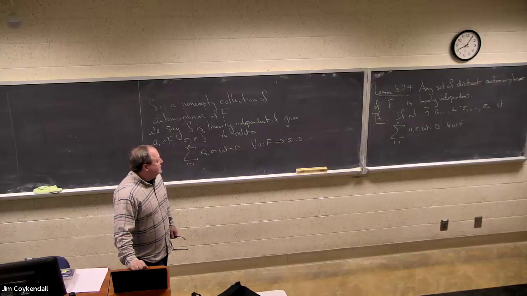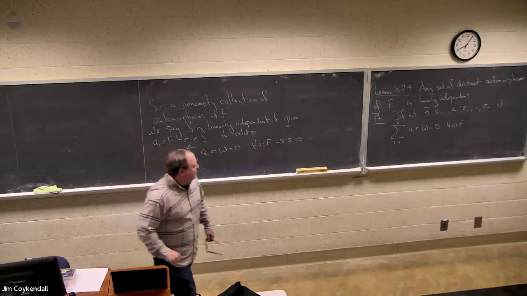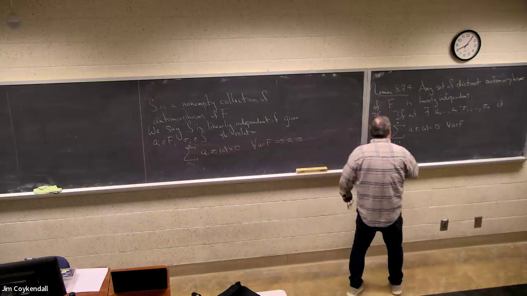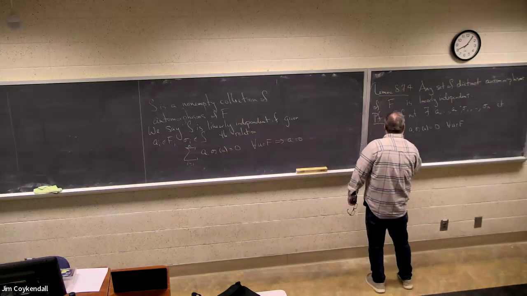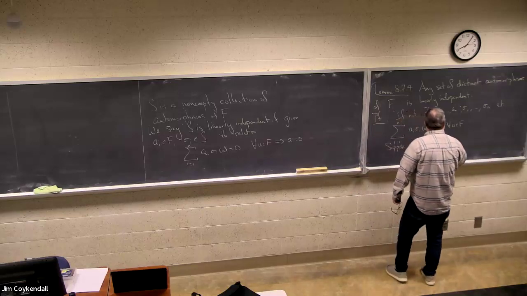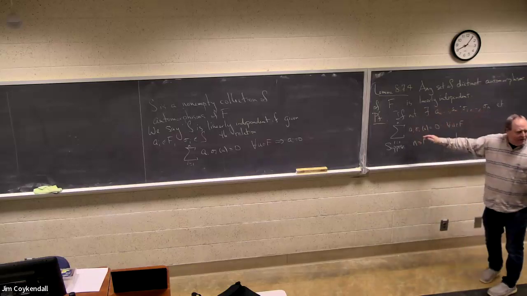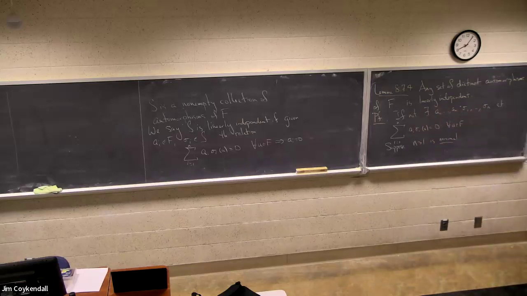So there is some collection of n out of our set of distinct automorphisms for which this is true. Let's assume that we have chosen a minimal such dependence relation. There might be many of these dependence relations, and I'm going to pick the one that's smallest.